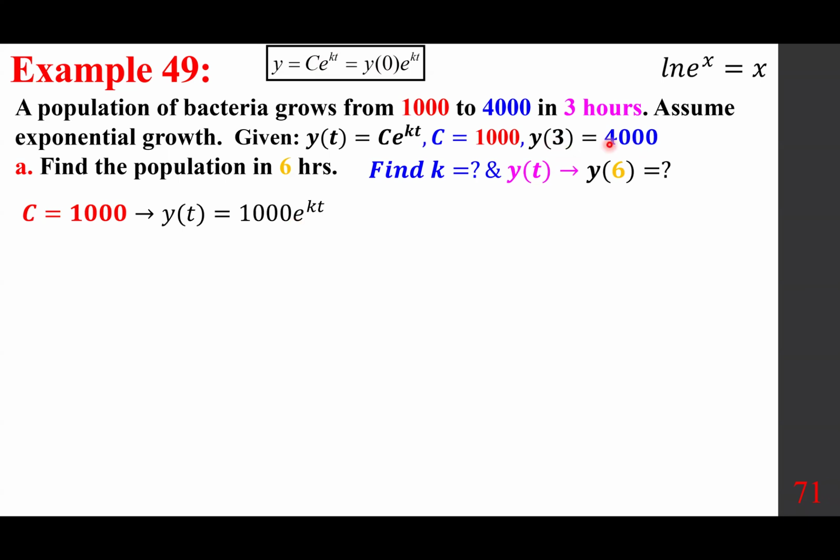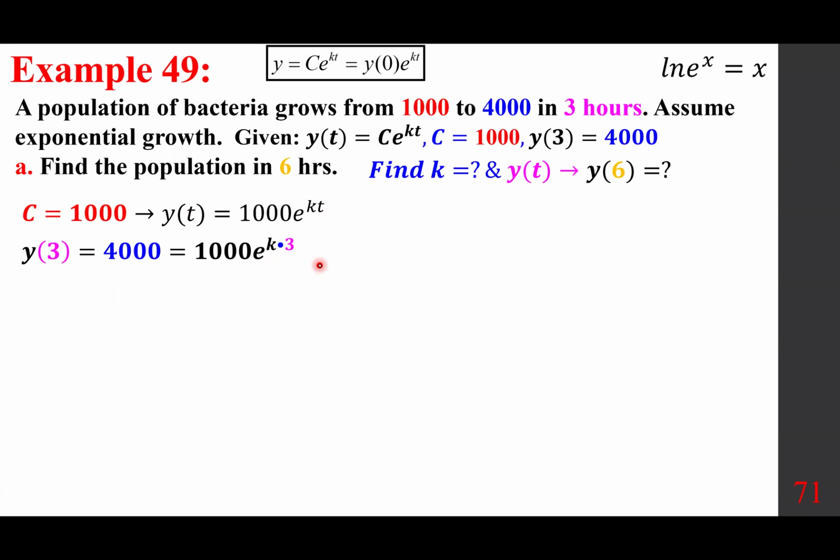If y of 3 is 4,000, so if we replace the t with 3, we get 4,000. So 1,000 e to the power of k times 3 is 4,000.